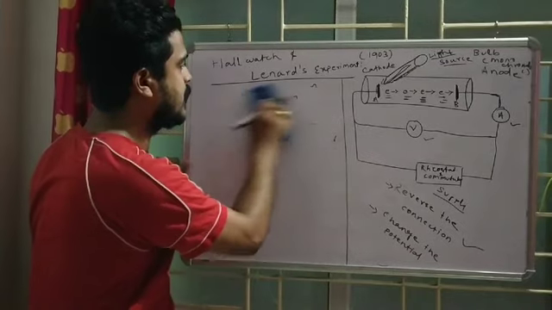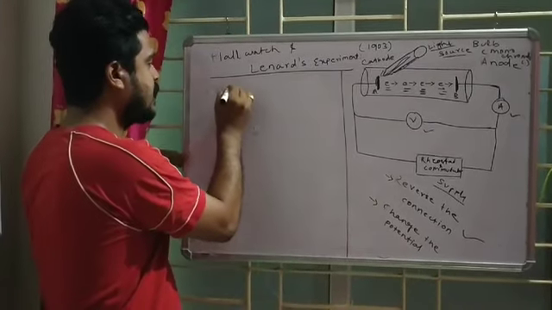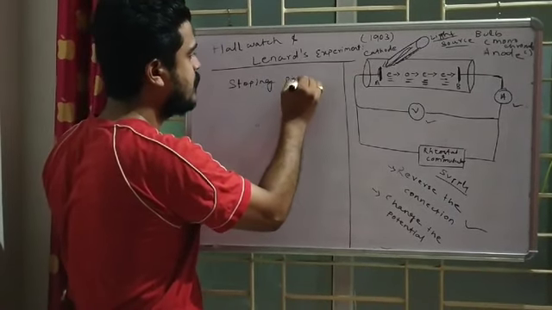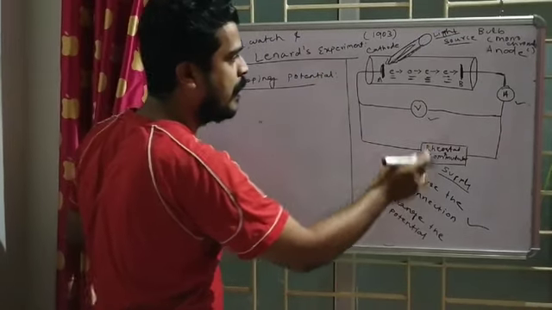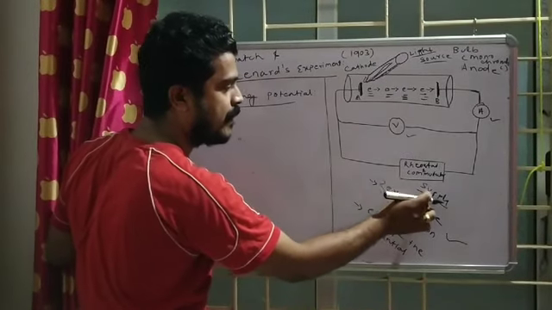Stopping potential, another term we need to define. Stopping potential is the potential which is required to stop the electrons. That means the supply is there.